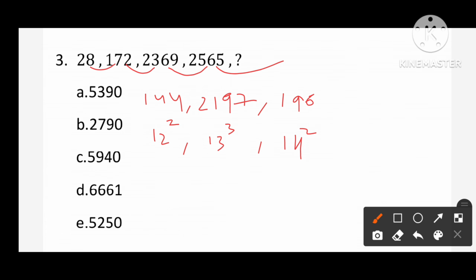So the next one must be 15 cube, which is 3375. So 2565 plus 3375, we get the value of 5940. So option C is the answer for this question.